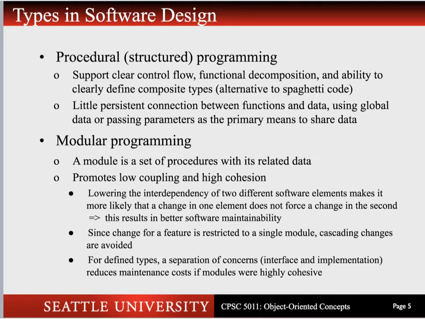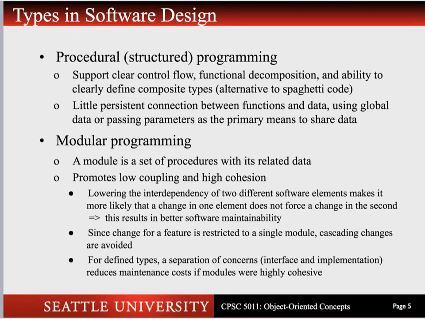We'll now talk about types in software design, the first of which is procedural or structured programming. So procedural structured programming actually came about due to concerns about the cost of code.